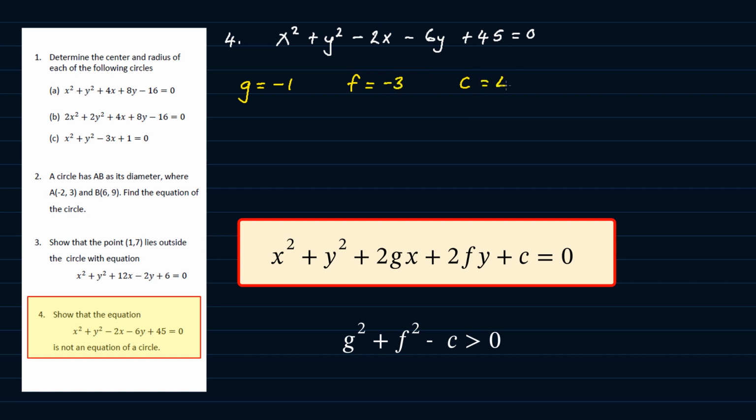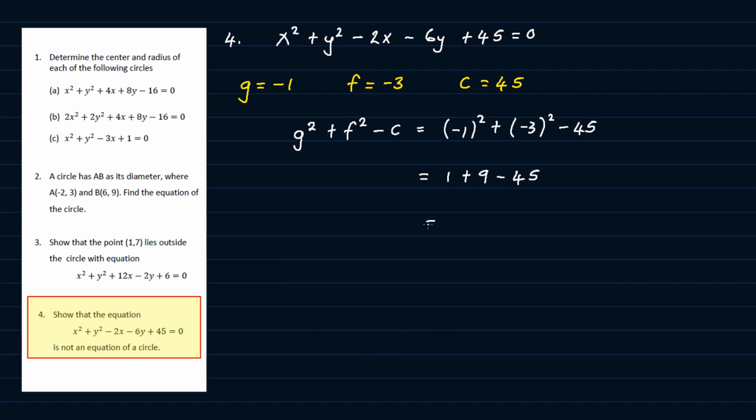And c is 45. So when I do g squared plus f squared minus c, I'm going to get (minus 1) squared plus (minus 3) squared minus 45. This is 1 plus 9 minus 45. 1 plus 9 is 10. 10 minus 45 is minus 35.